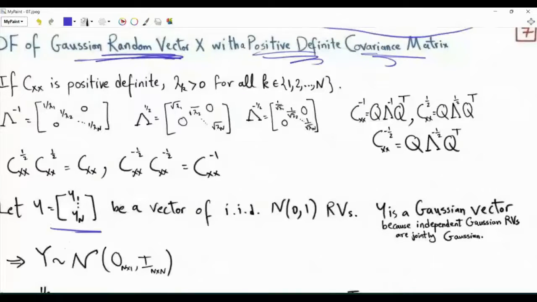So we will start with a vector y, y1 to yn, and we will assume that its components are IID standard Gaussians. They have a mean of 0 and variance of 1. They are independent, and so y is a Gaussian vector. The y's are jointly Gaussian.